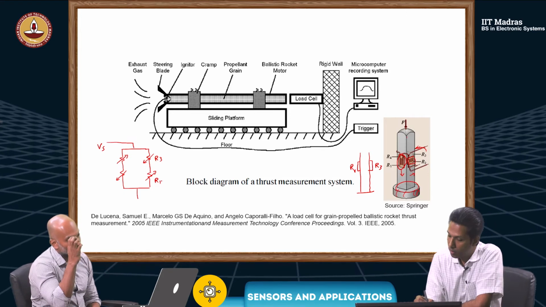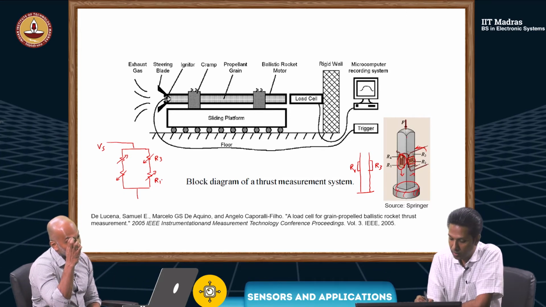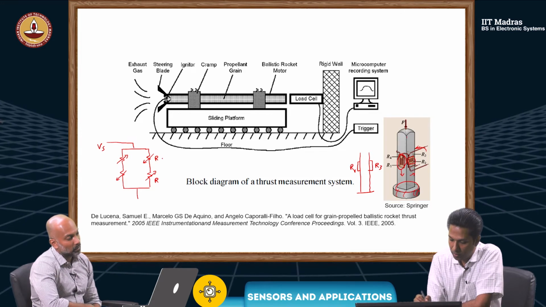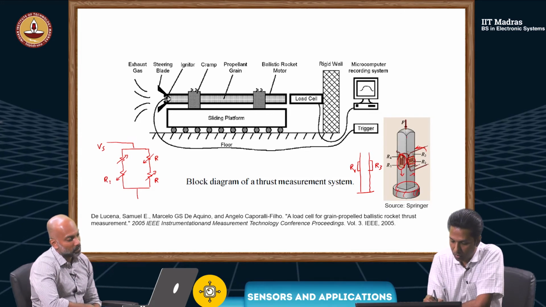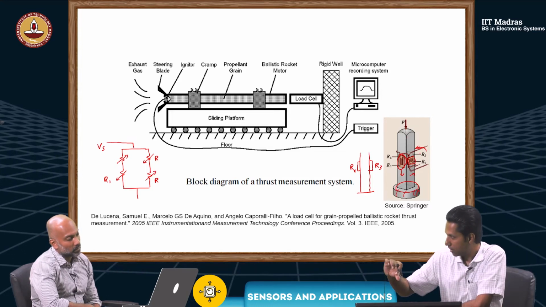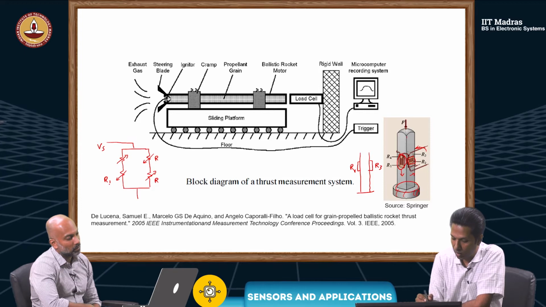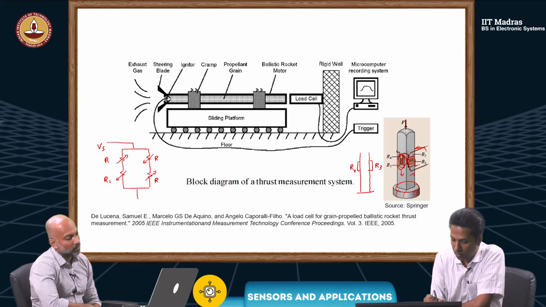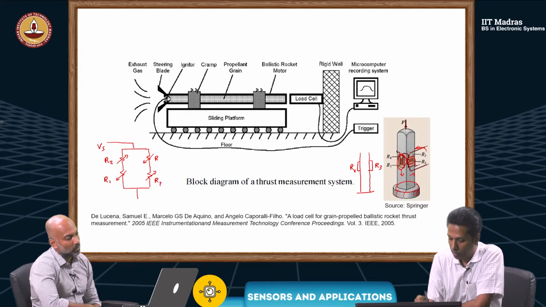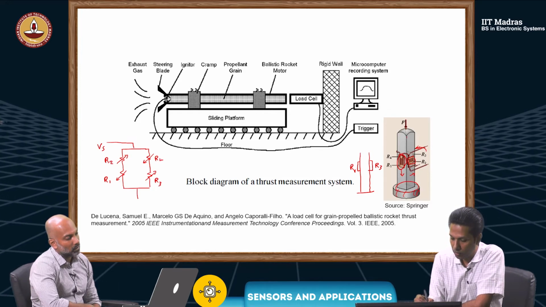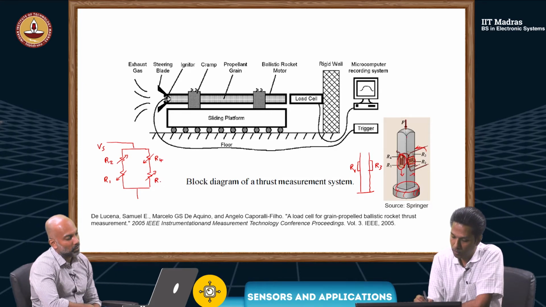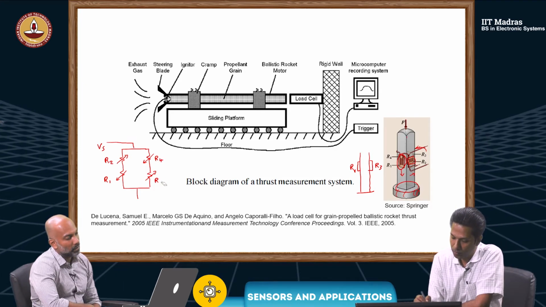In this case, this is R1, because when it compresses, its resistance decreases. So R1, R2, R3 and R4.